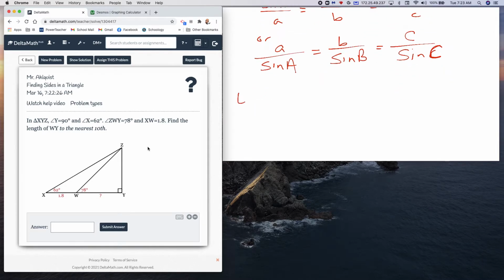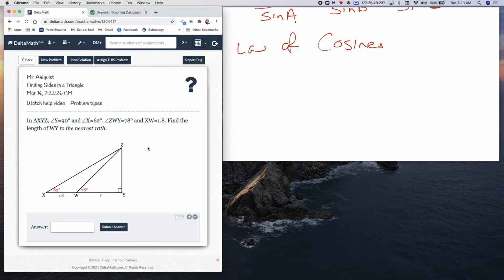So you should know that one, either form, and we'll use them. The law of cosines, we talked about it yesterday. Law of cosines is C squared equals A squared plus B squared minus 2 times A times B times the cosine of angle C. We may end up using it in here.